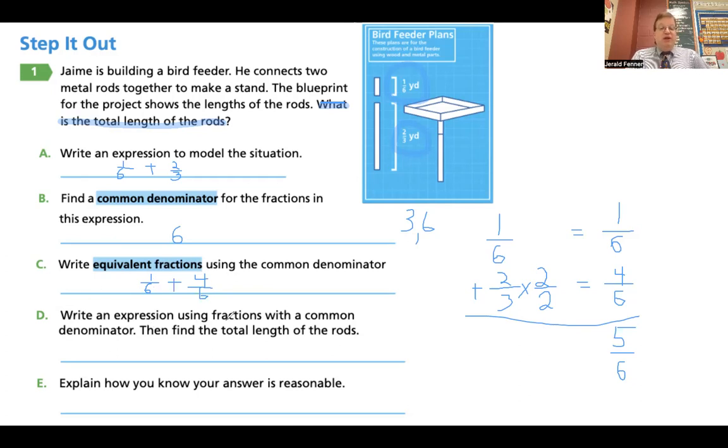Then it says write the expression using fractions with the common denominator and find the total length. So you'd write this again. 1/6 plus 4/6 equals 5/6.